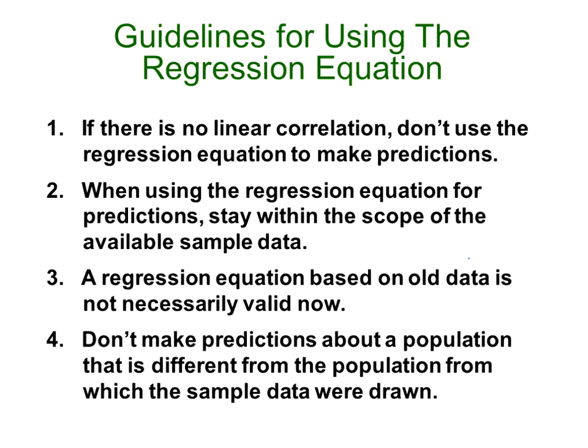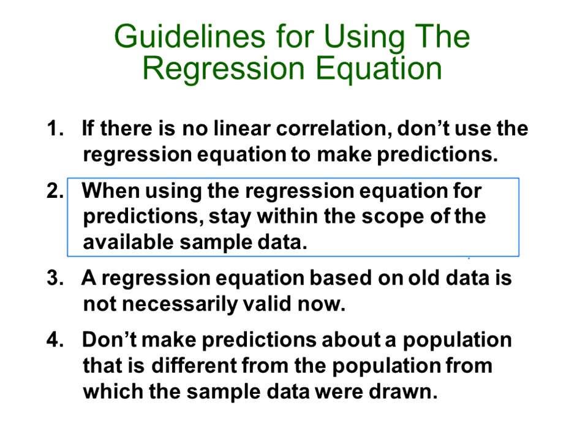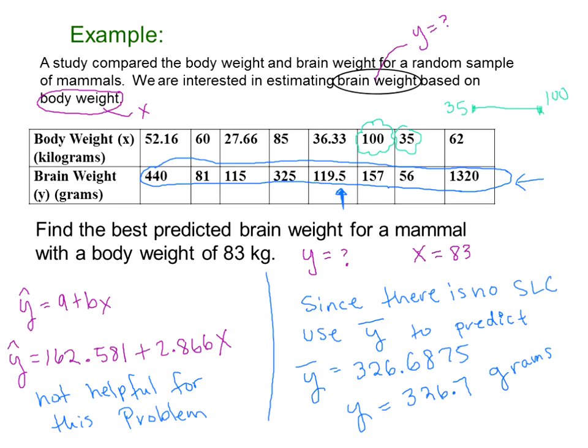And so those are the guidelines. That brings us to some of these guidelines, and I was talking about number 2 here. What I just said is when you are making predictions, you want to make sure you stay within the scope of your data.